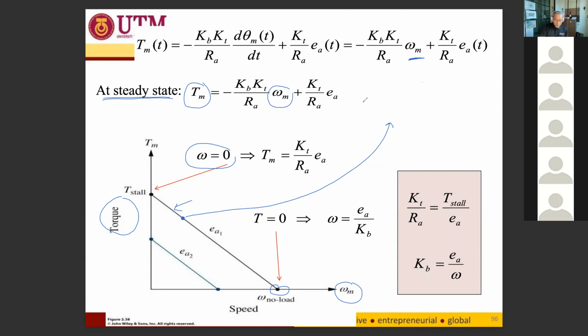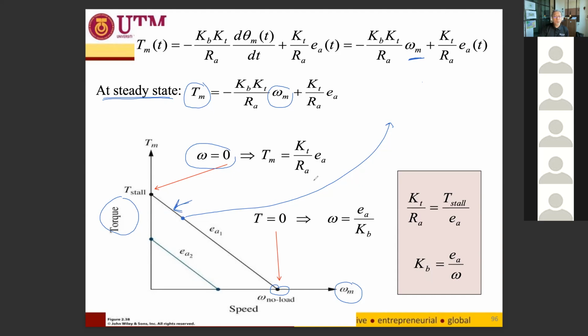So, Sharifah Khairunisa. What is the equation for this straight line? Tm is equal to T stall over omega no load plus T stall. Nurul Shakila. What is the equation for this straight line, the one that I show you here?